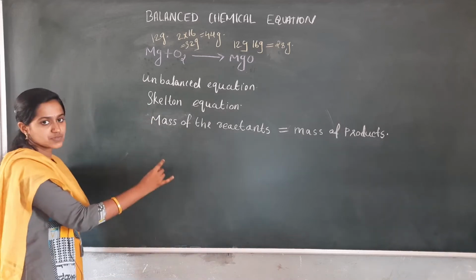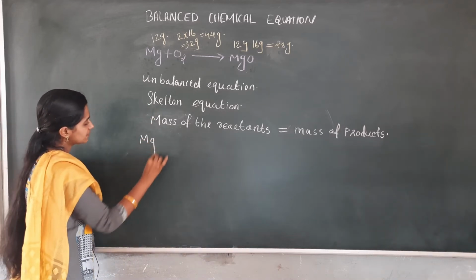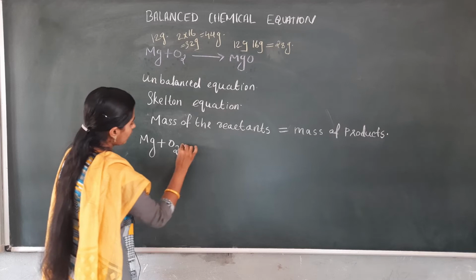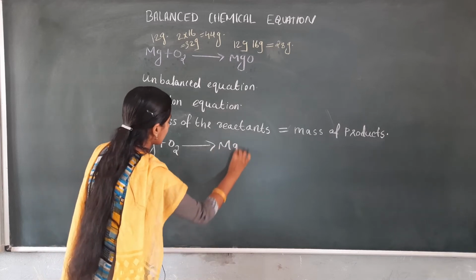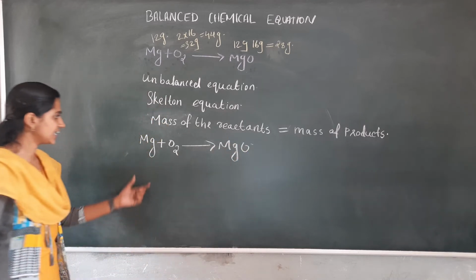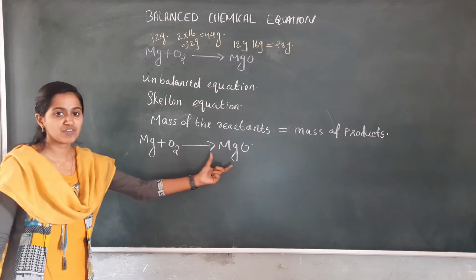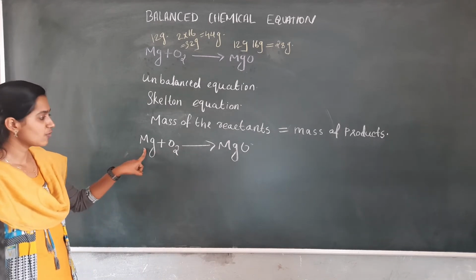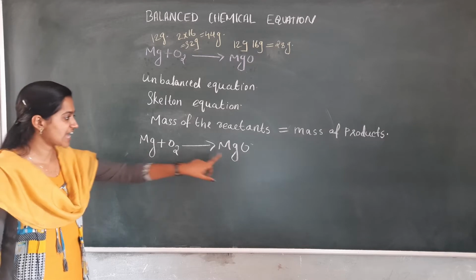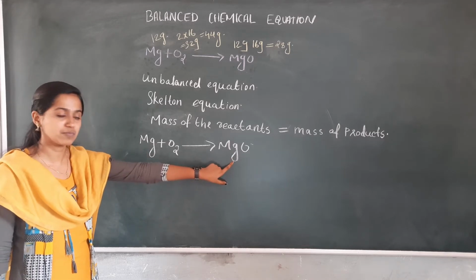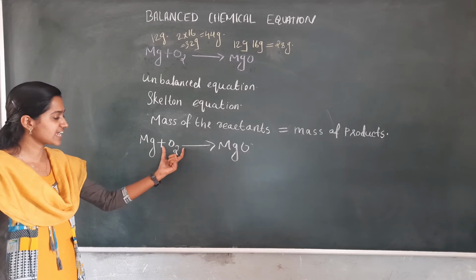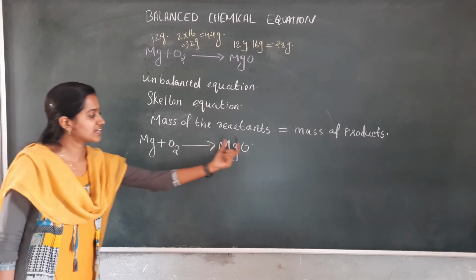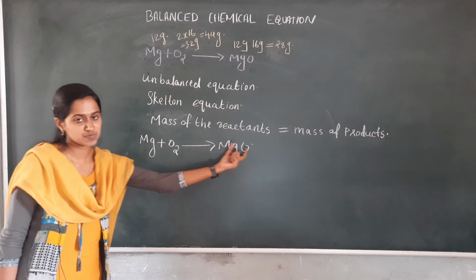Again we write this equation one more time: Mg plus O2 gives MgO. Then we count the number of atoms on either side. On the reactant side only 1 magnesium is there and on the product side also only 1 magnesium is there. On the reactant side 2 oxygen atoms are there, but on the product side 1 oxygen atom is there.